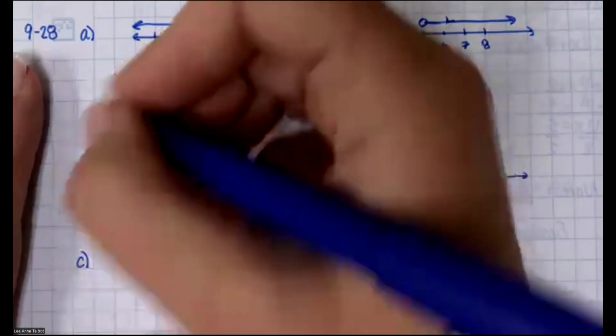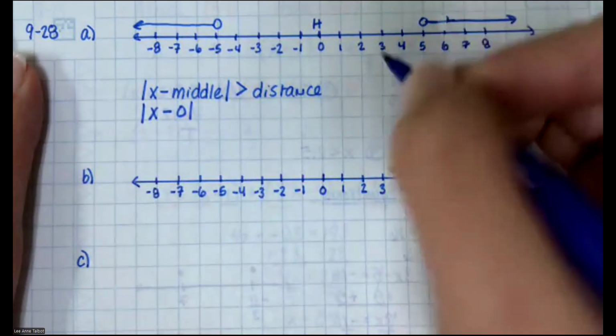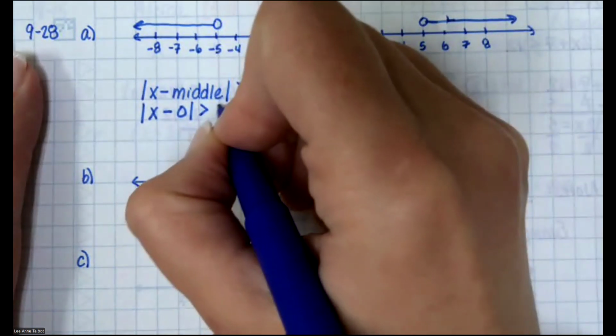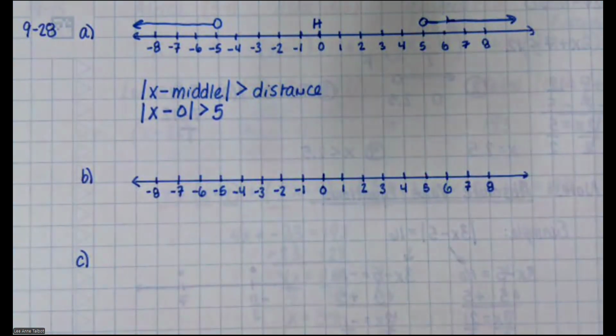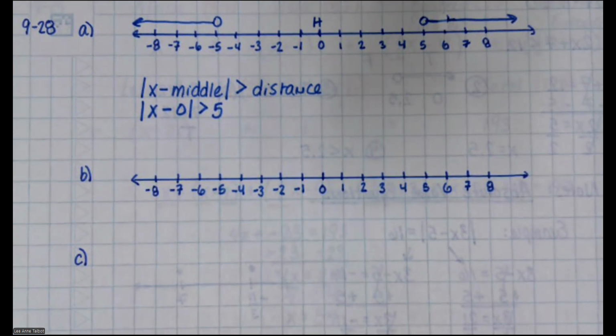In this picture, the middle is 0, and she is more than 5 miles away. Okay, what do you think we're going to do next?